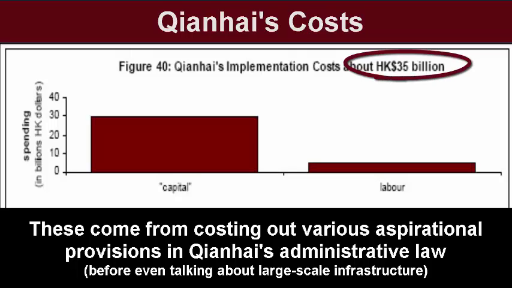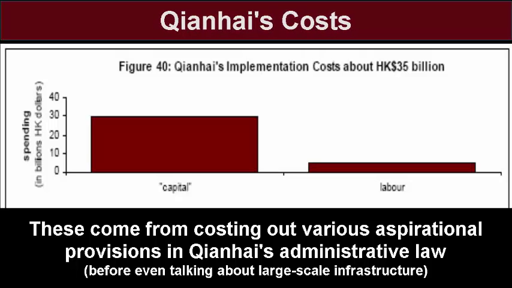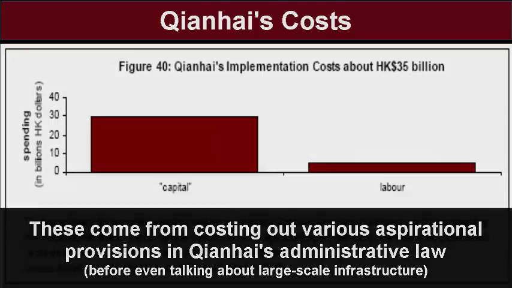And the division of that spending comes to roughly 4 to 1 in capital versus labor's favor. As such, we expect spending on the order of 30 billion Hong Kong dollars over the next 2 years and hiring of labor at roughly 4 to 5 billion Hong Kong dollars.